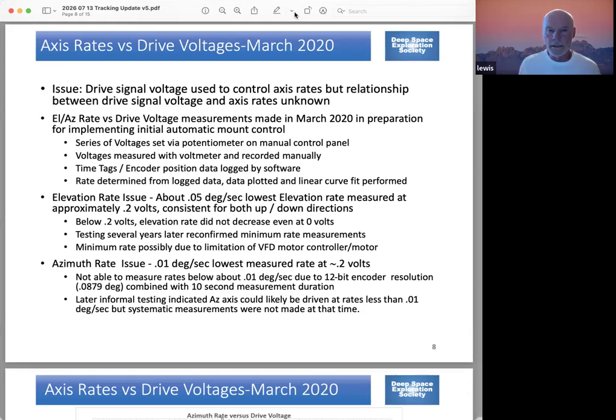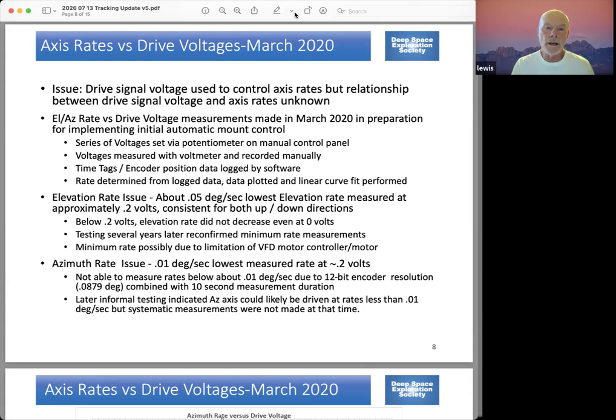So we got that data, and the way we determined the rates was, first I'll say we recorded the data for 10 seconds, which unfortunately we probably should have recorded for a little bit longer. These were with the 12-bit encoders, and for the slower rates, it doesn't change the position measurement very quickly.